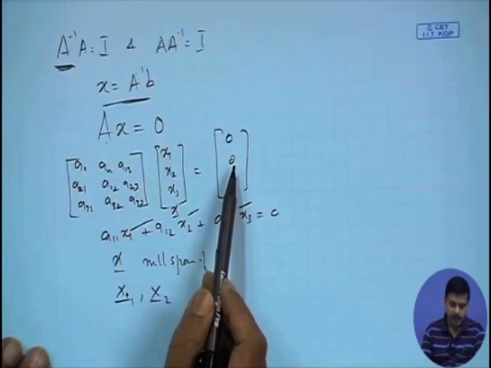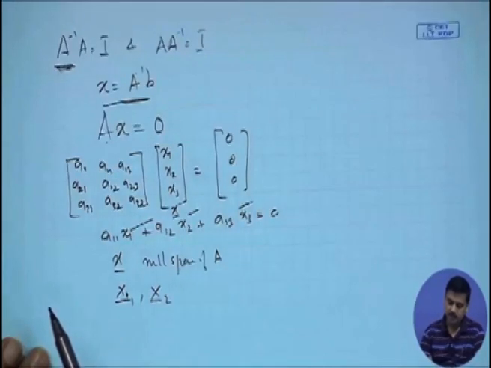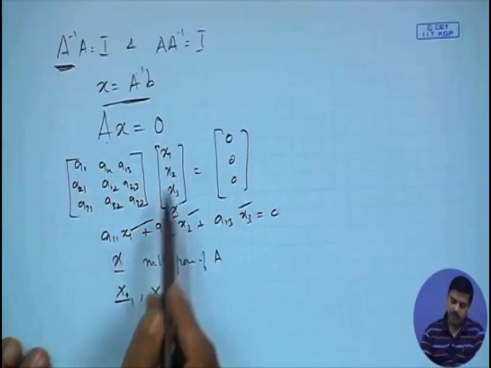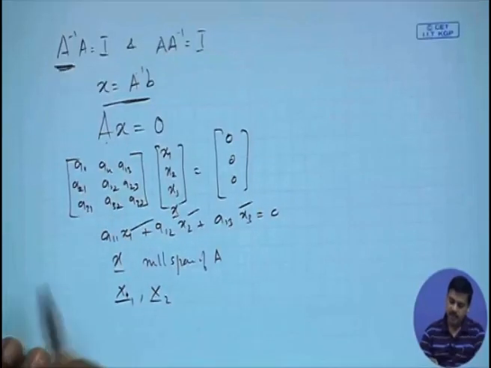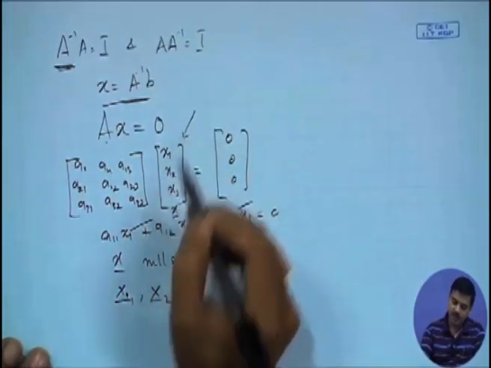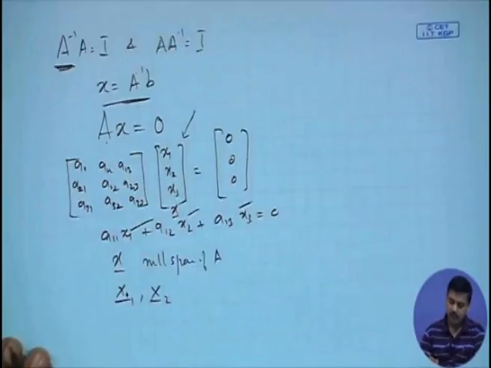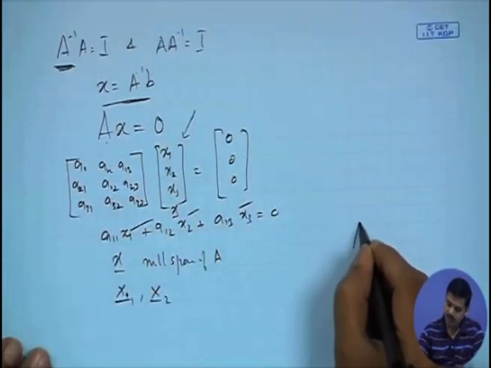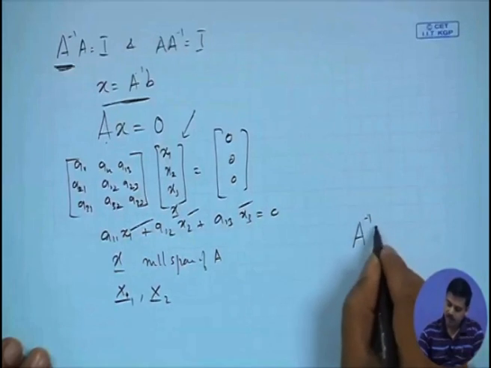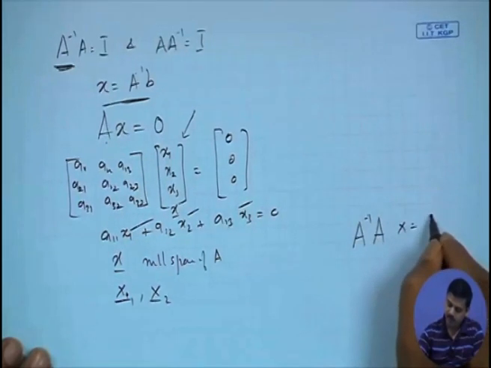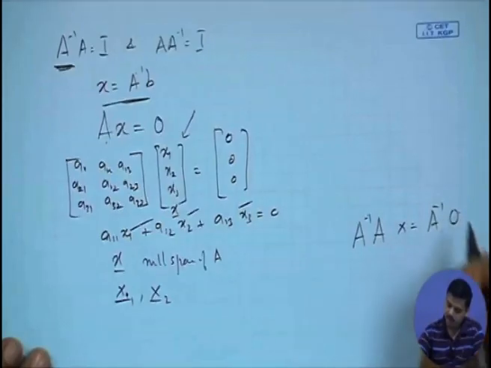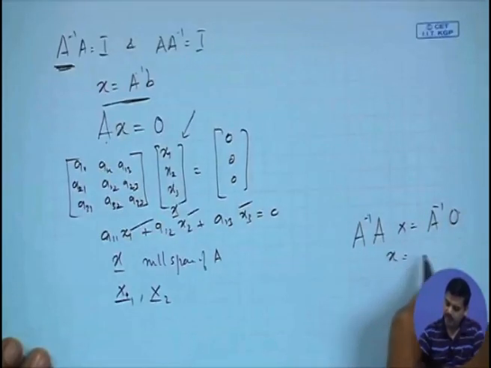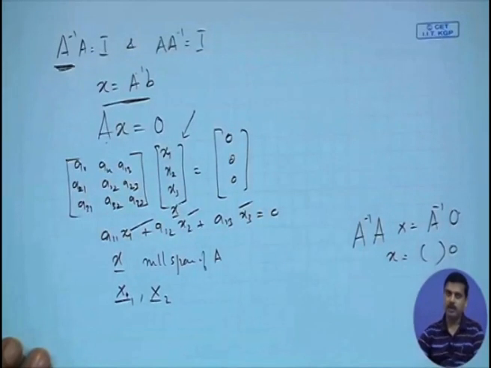And what is important to remember is that I cannot get back x if I am going to take the inverse from this, because just imagine that I multiply by A inverse, what do I have? I have x equals something multiplied by 0.